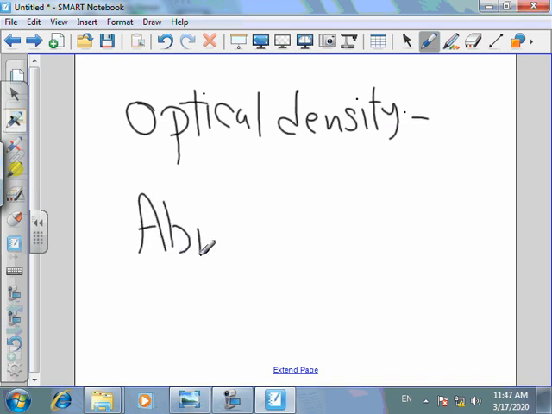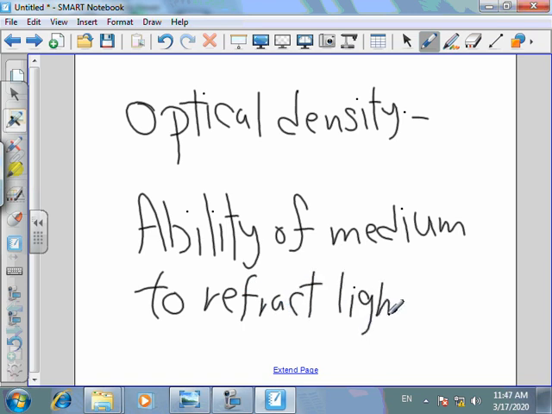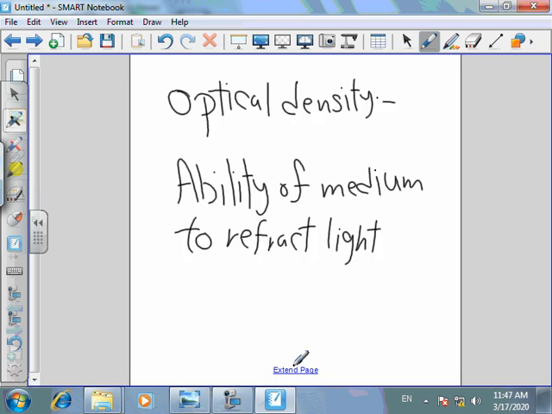The ability of a medium to refract light. So in a solid, due to the high density, it has a high ability to refract light.